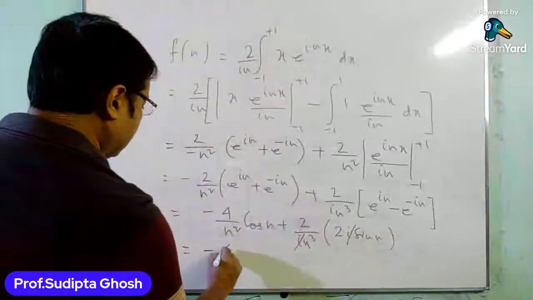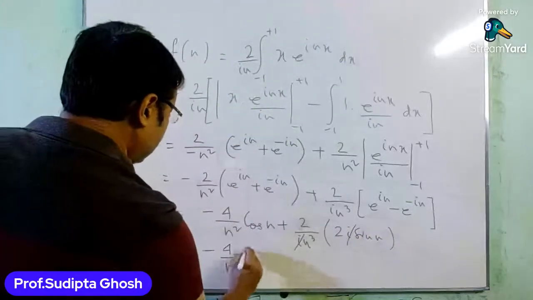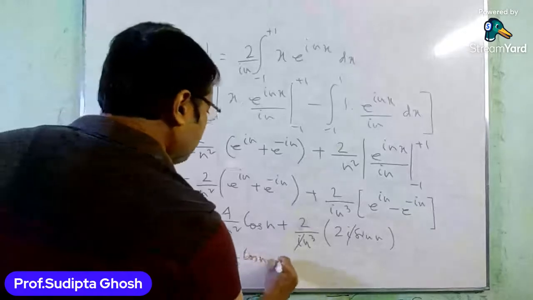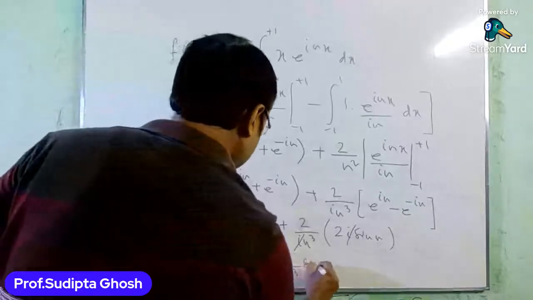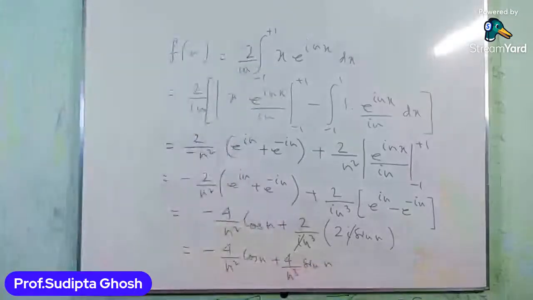So we have minus 4 by n square cos n plus 4 by n cube sin n. Is it okay?